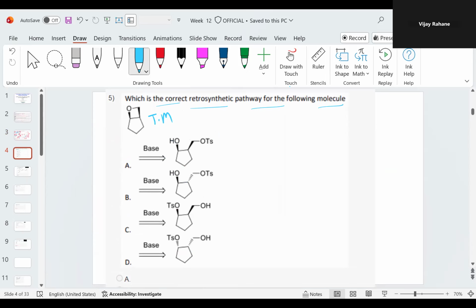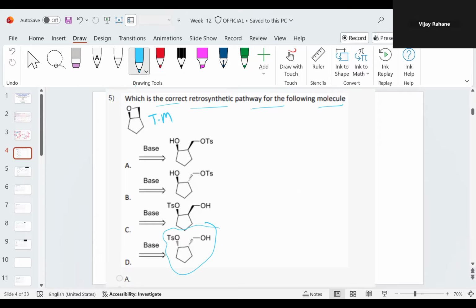You can clearly see from this one. What are the groups that we have here? If you look one by one, then we can easily understand. First thing we need to identify the stereochemistry here, because it looks like all possible answers are the same, with the only difference in the stereochemistry.